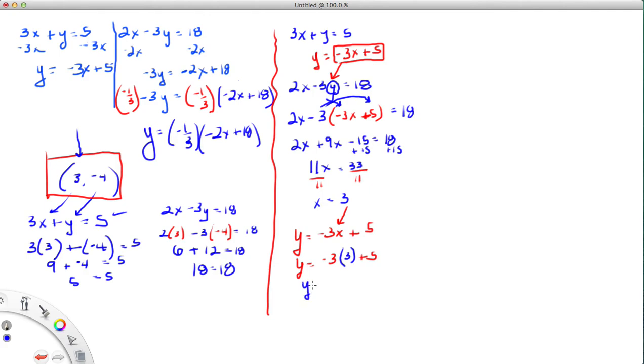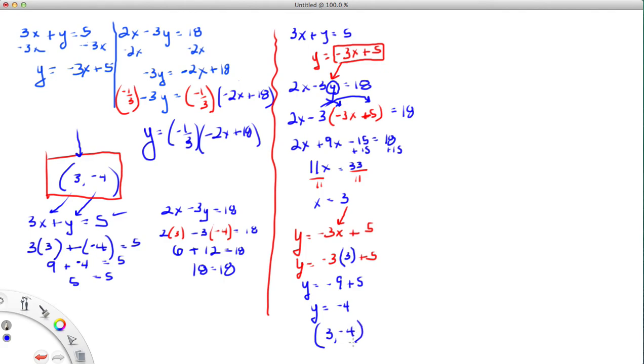So that gives you y equals negative 3 times 3 is negative 9. Negative 9 plus 5 is negative 4. So your solution is 3 comma negative 4.